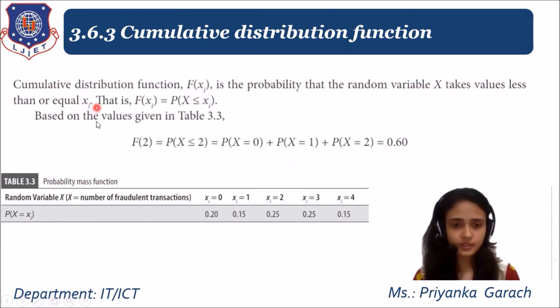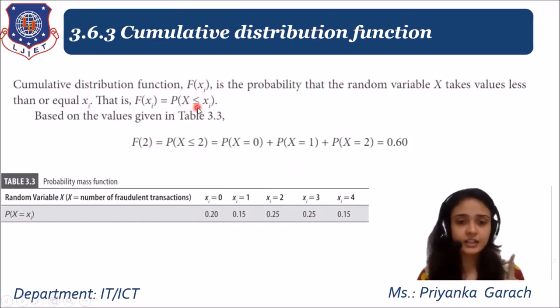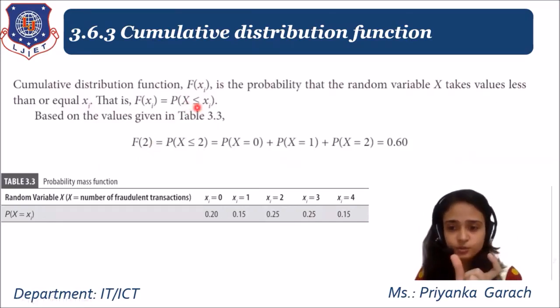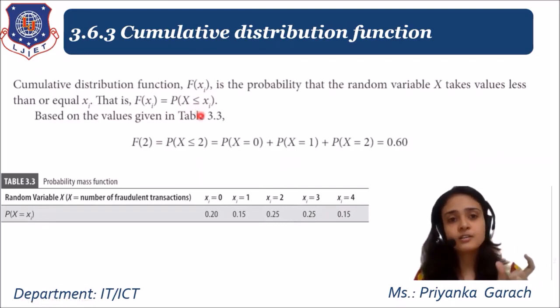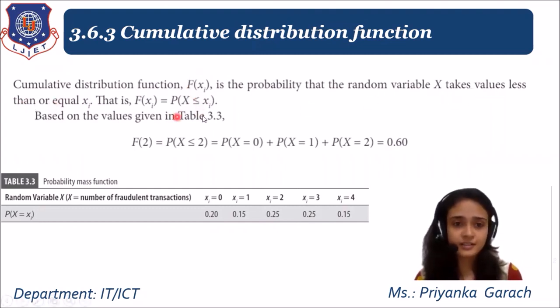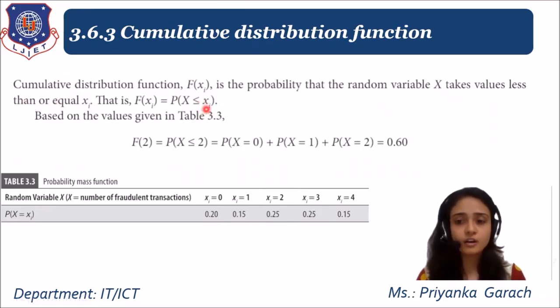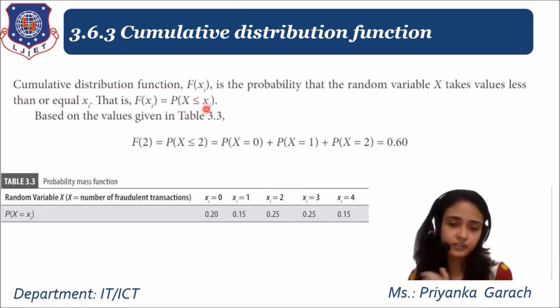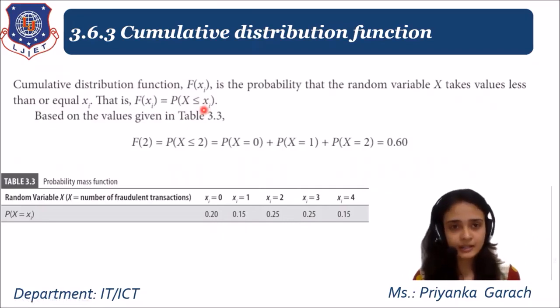Just remember this: when the random variable x takes a value exactly equal to xi, it is your probability mass function, the PMF, and if the random variable takes values less than or equal to xi, it is your cumulative distribution function. You can remember it like this, and its symbol is capital F.